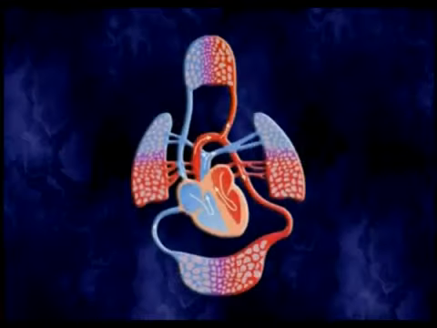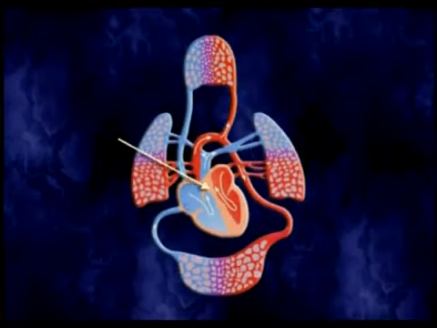Blood returning from the body to the venous or right side of the heart goes into the right atrium, and then it is pumped into the right side, where it will go back out through the pulmonary arteries to the lungs. It is very efficient this way.